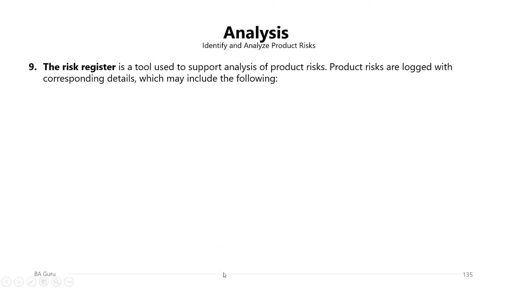The risk register is an important tool of this process. It's a tool used to support analysis of product risks. Product risks are usually logged with corresponding details like the probability, the impact, the risk owner, the risk trigger in this risk register.